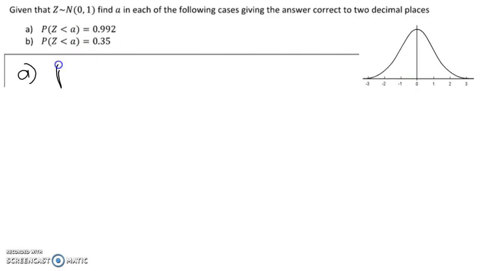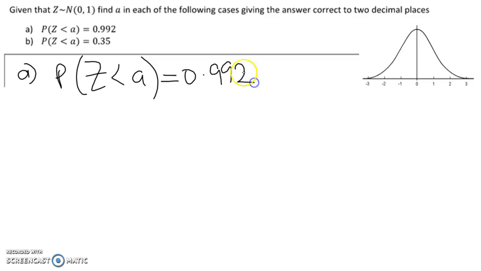So in part A, if we're finding the probability z is less than some number a, but we know it's 0.992, then on a diagram, this would mean a must be positive. I've put it between 1 and 2, but it might be bigger than 2.